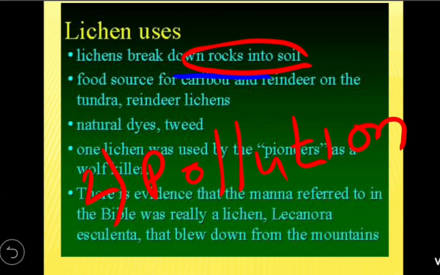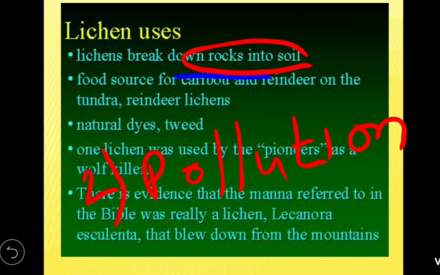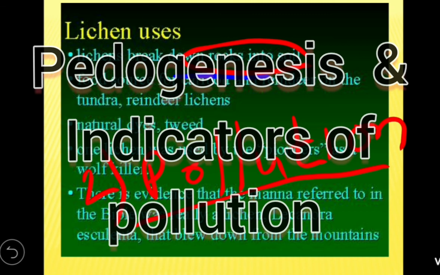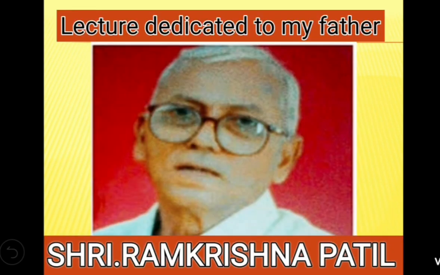Lichens are seen only in unpolluted areas, and an area where lichens are absent means that area is polluted. So two points are most important. First, they form the soil, and second, they are indicators of pollution. Thank you.